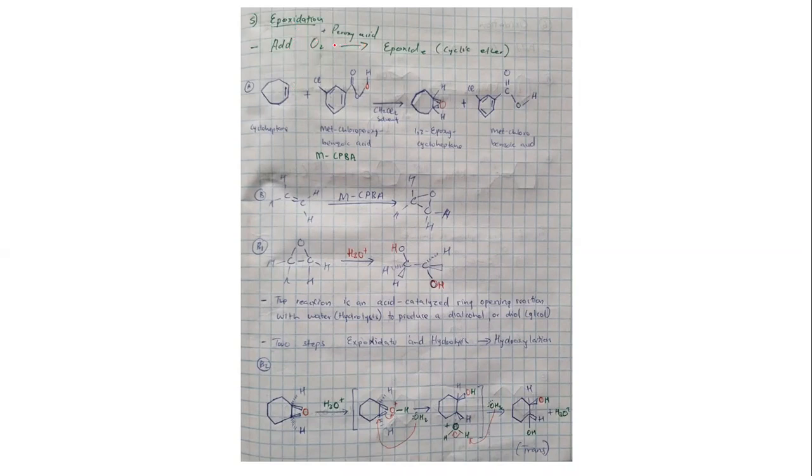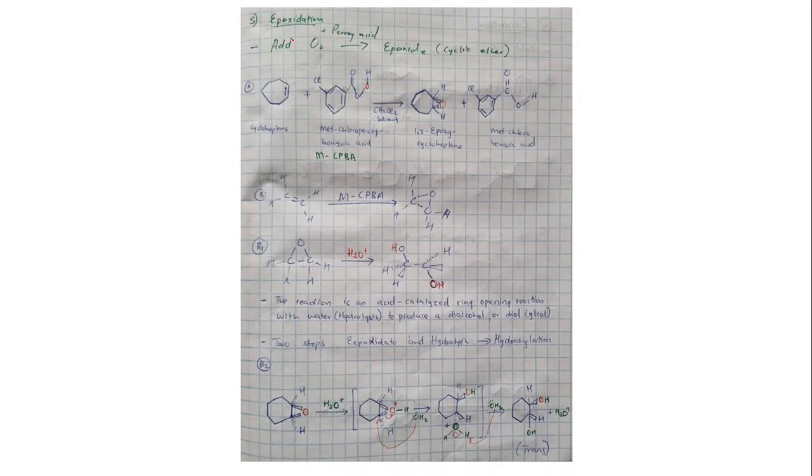The molecule that helps us add an oxygen during this type of reaction is what we call a peroxy acid, a molecule that has oxygen in it. That oxygen will be added onto the alkene to form compounds that we call epoxides. Hence this reaction is called an epoxidation reaction.